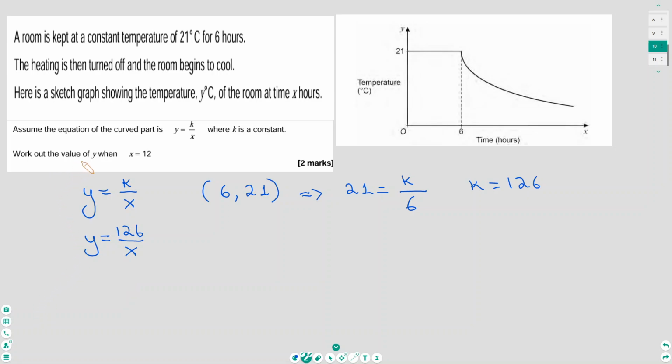Now we can find the value of y when x is 12. So when x is 12, y is 126 over 12. This is 21 over 2, which is 10.5.